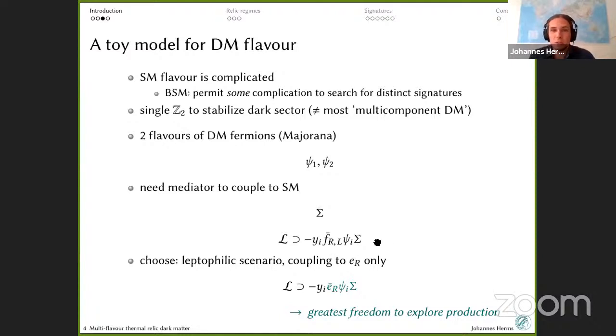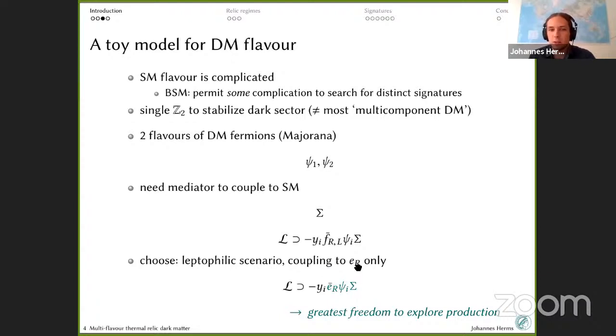And for the purposes of this study, we're interested in dark matter production. So to have the greatest freedom to explore production and not be constrained by the hadronic colliders at the moment, or dark matter direct detection too much, we focus on a leptophilic scenario, coupling only to the right-handed electron. That's a bit ad hoc.